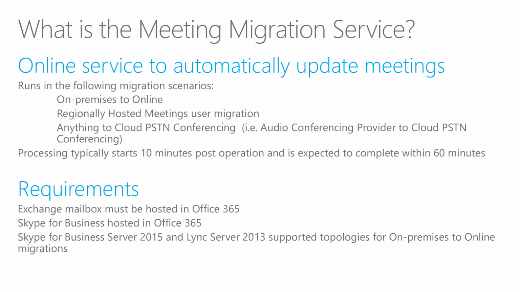So this is important when you're planning when you're going to be doing the enablement or migration. You probably want to do it during downtime so that we don't have a lag between the time in which we make the change and when the organizer and meeting invitees receive that update.